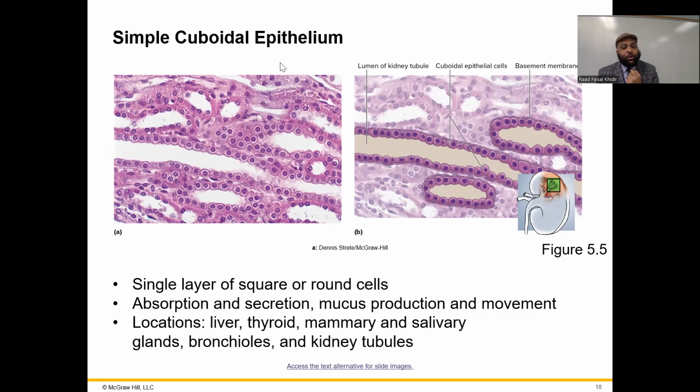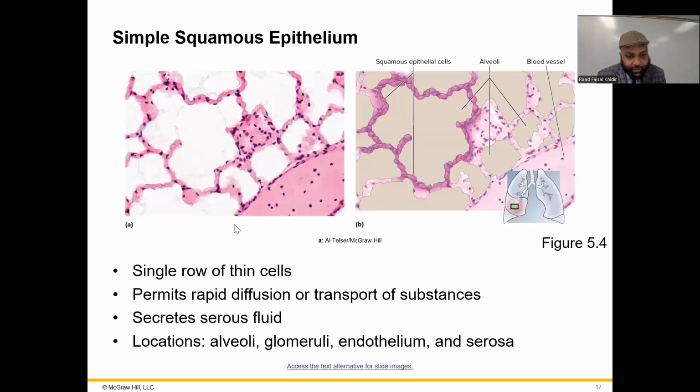They are important for absorption and secretion and mucus production and movement. And the locations are the liver, the thyroid, the mammary, and the salivary gland.